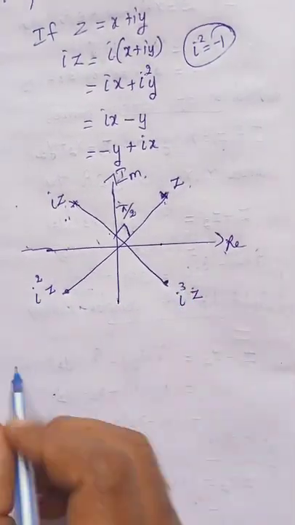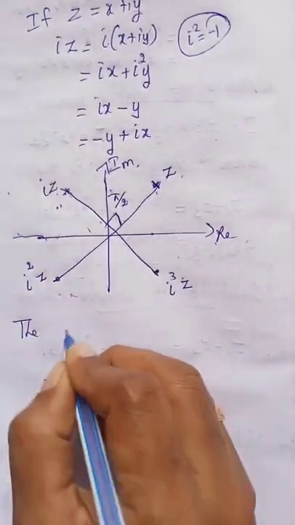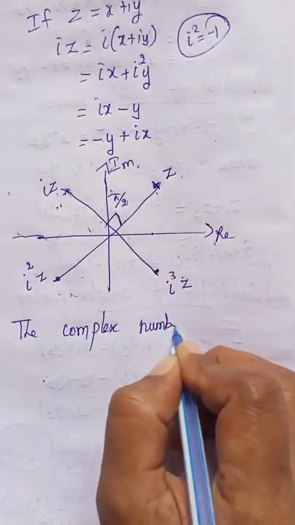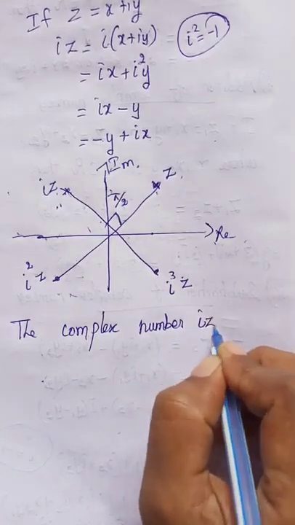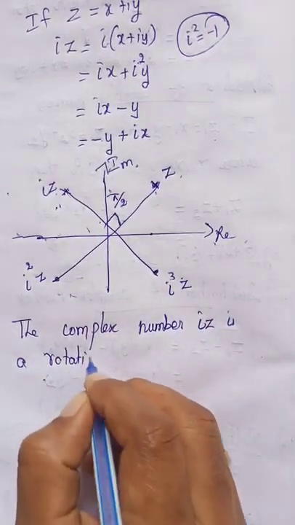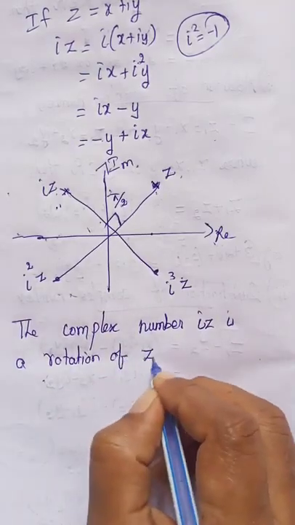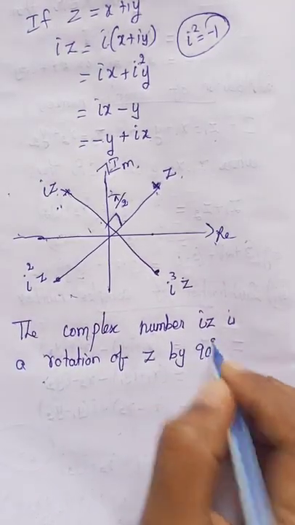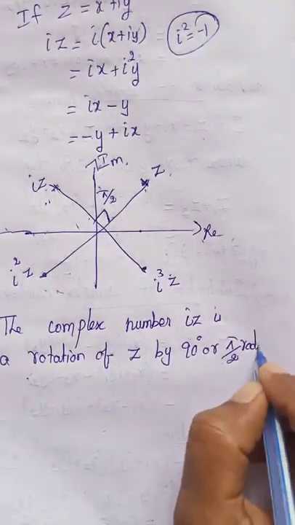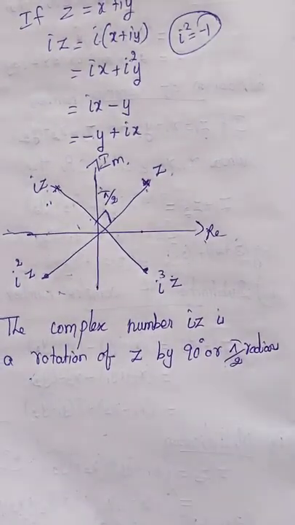We have the one word. The complex number iz is z rotated by 90 degrees or pi by 2 radians.